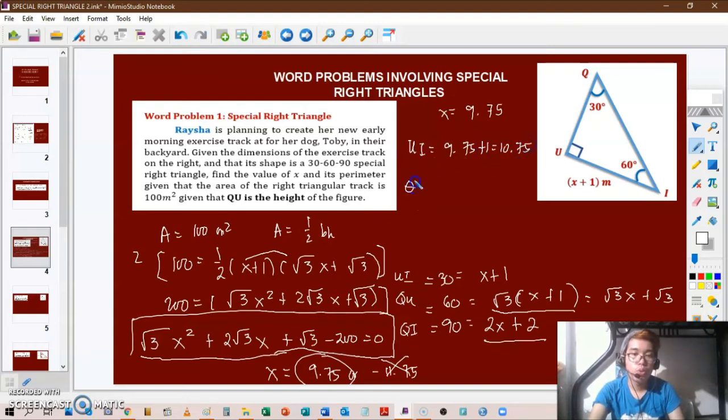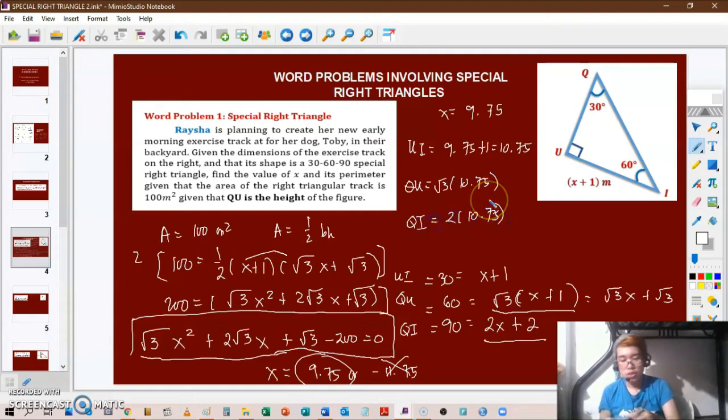And QU is just going to be square root of 3 times 10.75, okay? And QI is going to be equal to 2 times 10.75.